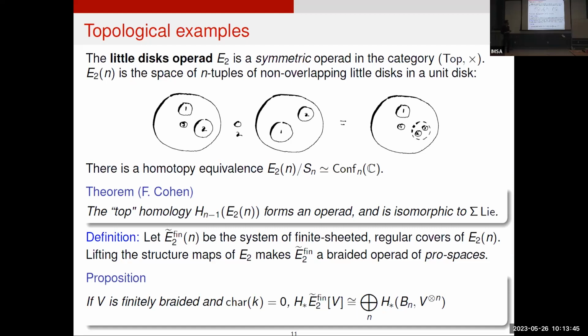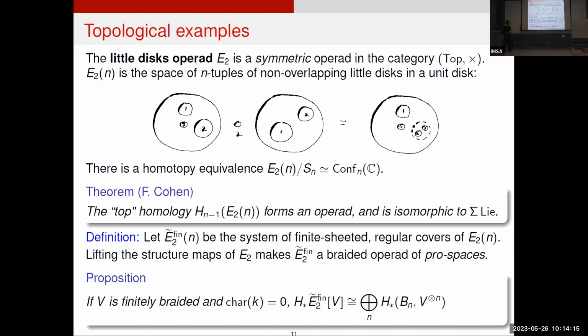And I can lift, so Hurwitz's construction says it is the same thing, but rather than taking finite sheeted regular covers, he just takes the universal cover. And he says, if I pick base points appropriately on the universal cover, then I can lift the structure maps of E2 to the structure maps on the universal cover. And we're going to do the same thing.